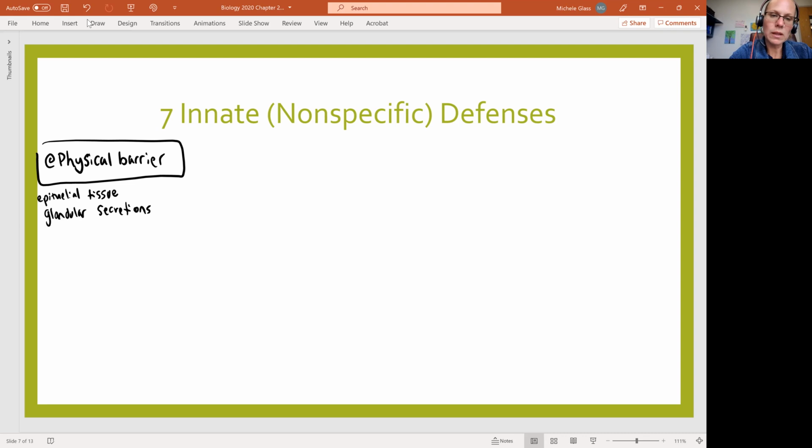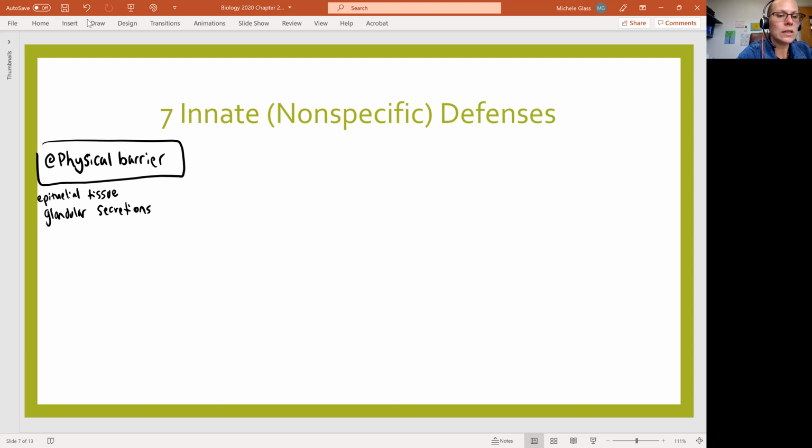When we talk about epithelial tissue, we are talking about the tissue that lines the body. So this includes your epidermis, the top layer of your skin, which is a nice protective barrier that's just preventing organisms from gaining access. Once we get into the mouth, we still have epithelial tissue preventing pathogens from getting into our deeper tissues.